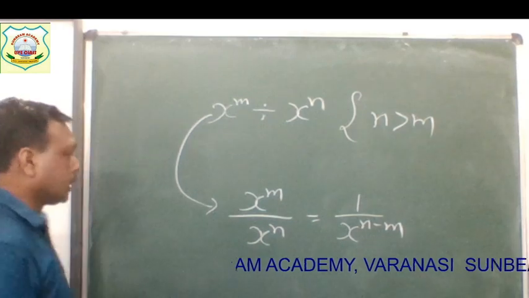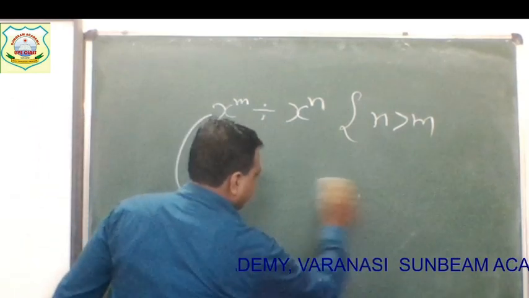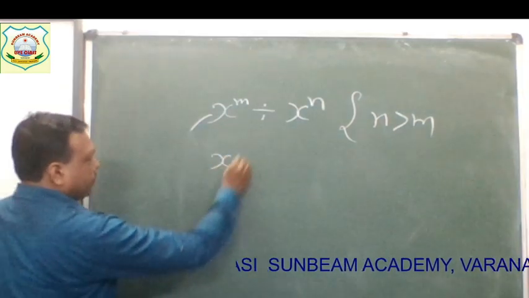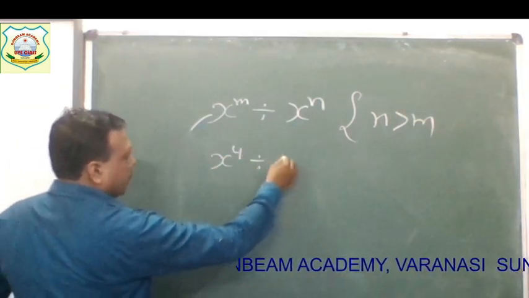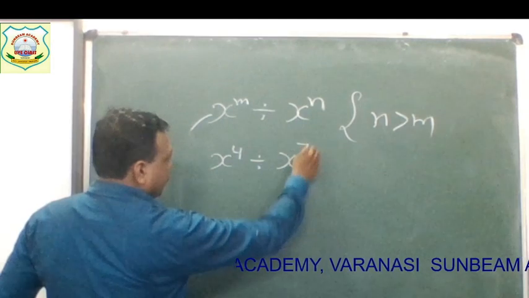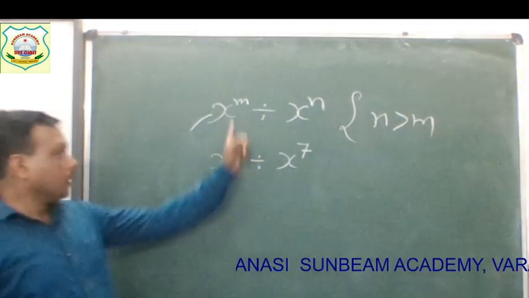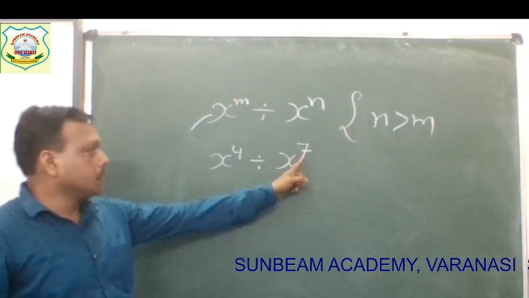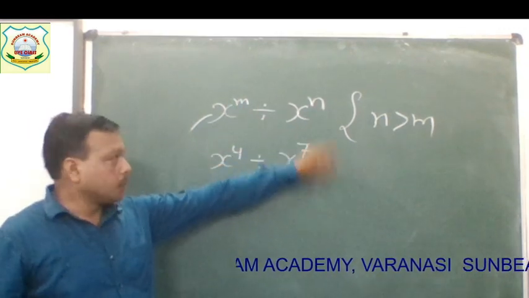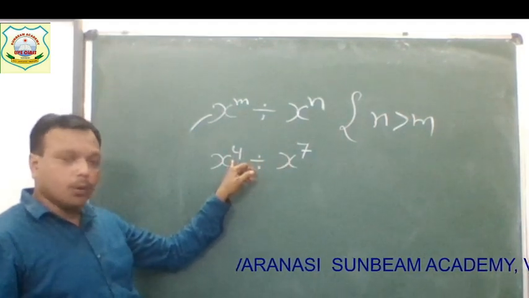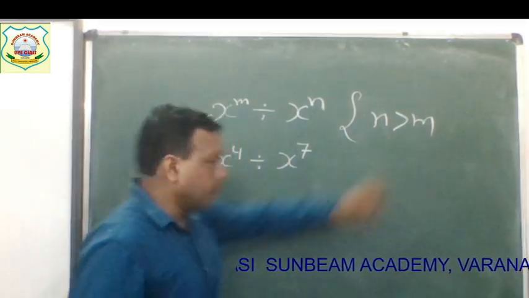Suppose we are giving an example. We have written here x power 4 divide x power 7. See, 4 is like m, 7 is like n, and here the condition is the same, 7 is greater than 4, n is greater than m.